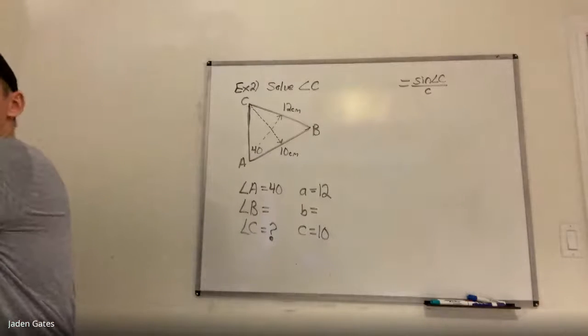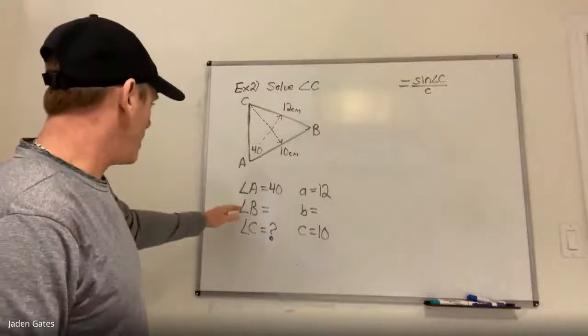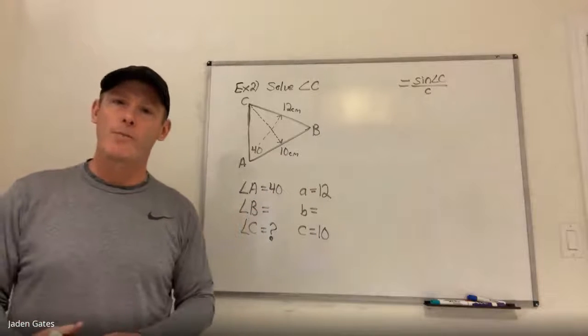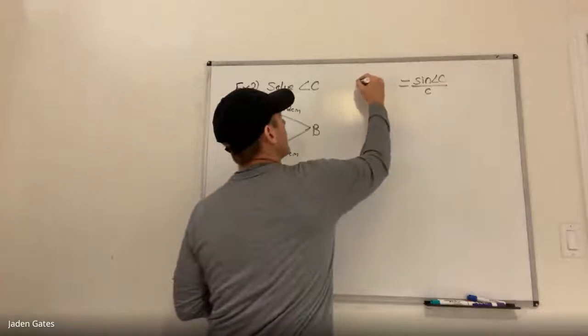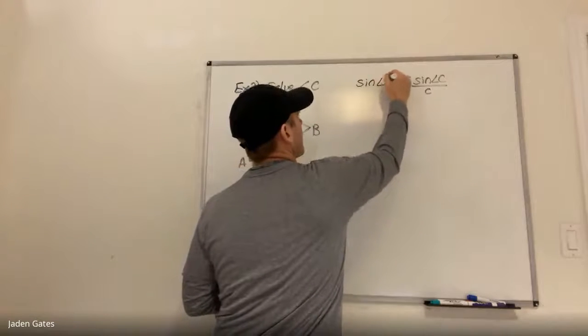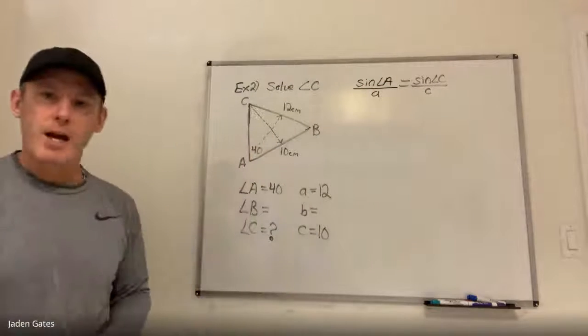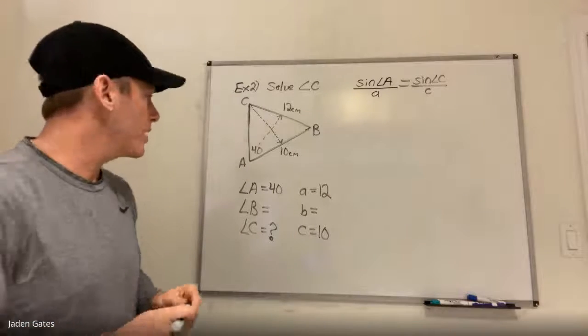Well, which other part do I know everything? Look here, well, I know nothing about B, but I know everything about A. So it looks like I'm this time going to use the A part and the C part of the sine law. Okay, so there's 2 steps down. Got my given information, figured out which parts I'm going to use. Now I'm going to substitute in and solve.